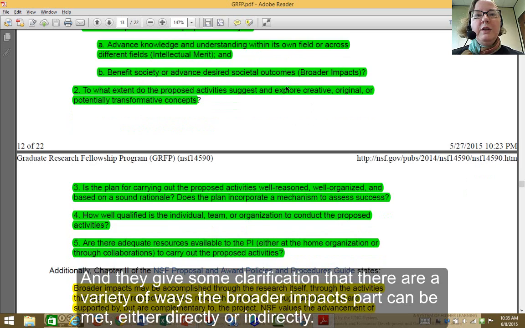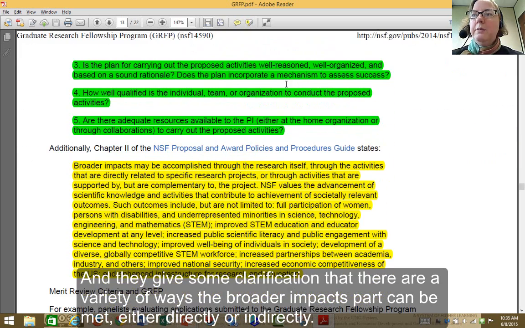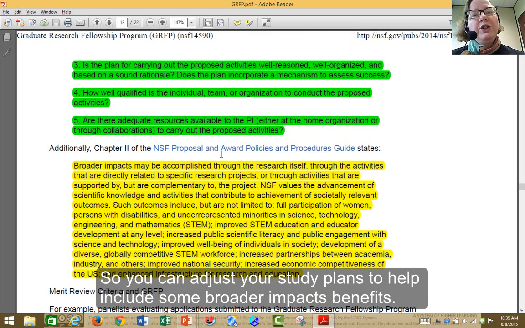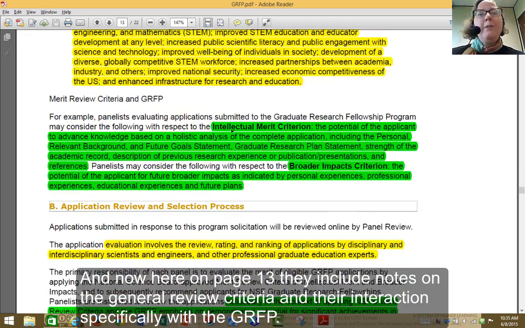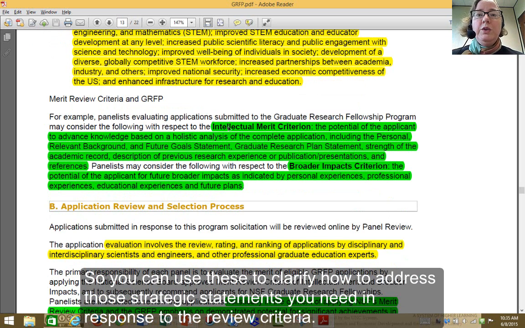And they give some clarification that there are a variety of ways the broader impacts can be met, either directly or indirectly. So you can adjust your study plans to help include some broader impacts benefits. And now, here on page 13, they include notes on the general review criteria and their interaction specifically with the GRFP, so you can use those to clarify how to address the strategic statements you need in response to the review criteria.